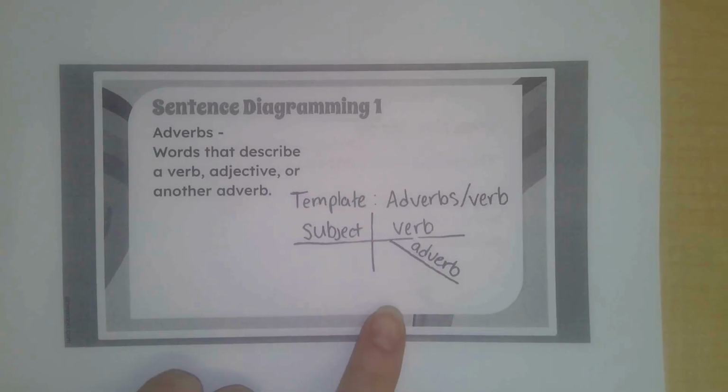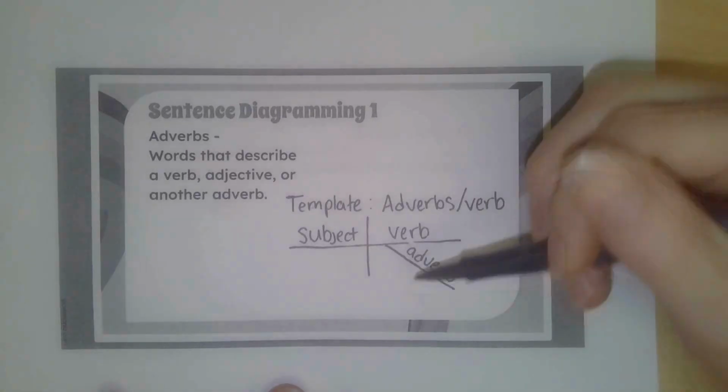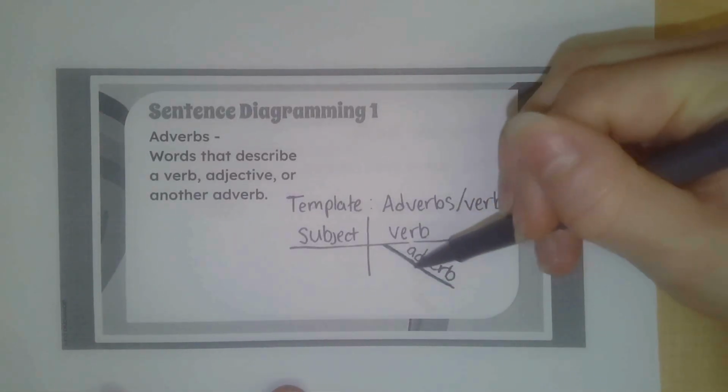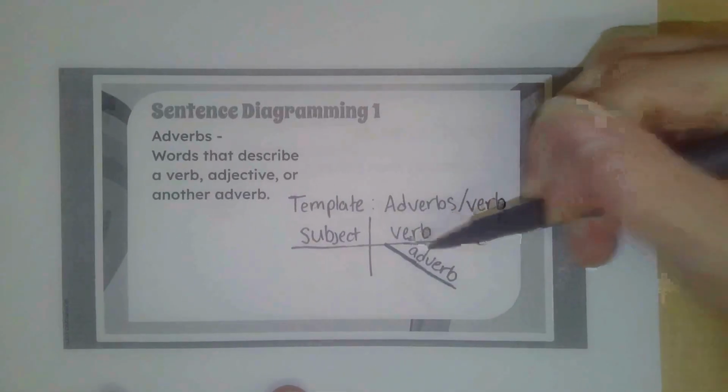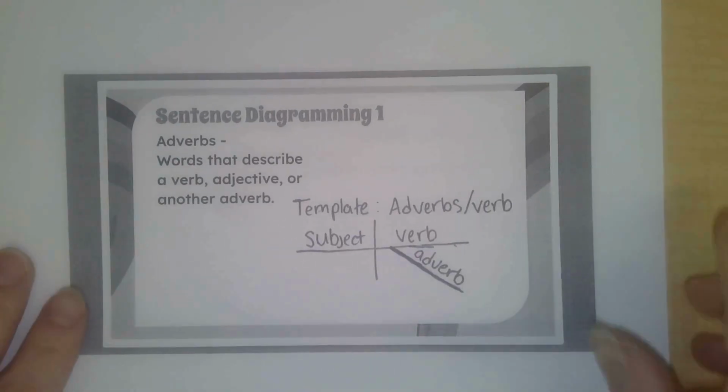So right here I have the template for adverbs that are describing a verb. Just like we did with adjectives, you're going to take the adverb and you are going to use a line to connect it to the word that it's describing. In this case, the adverb is describing the verb.